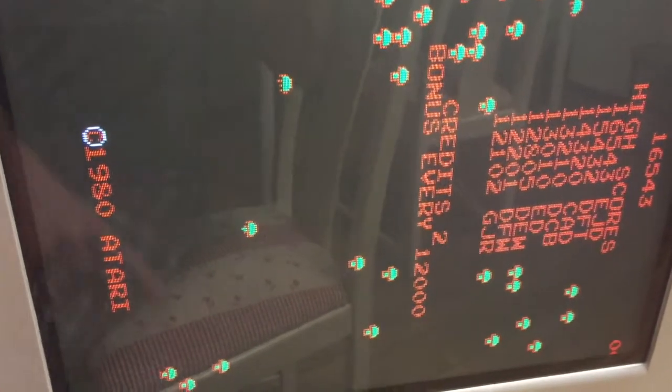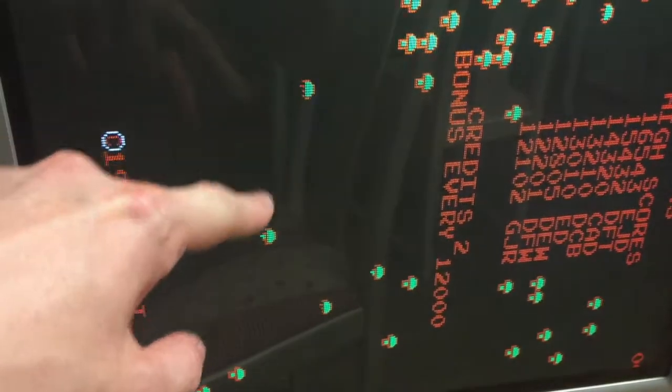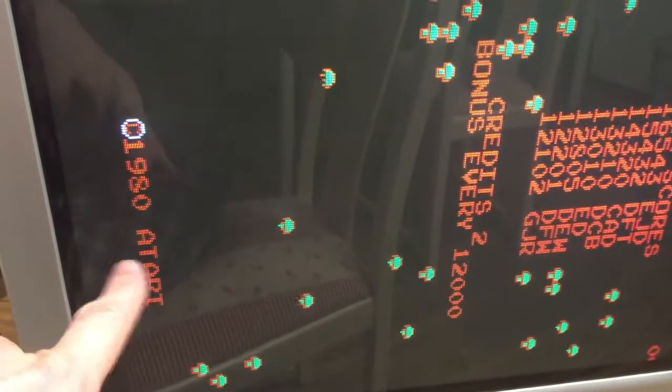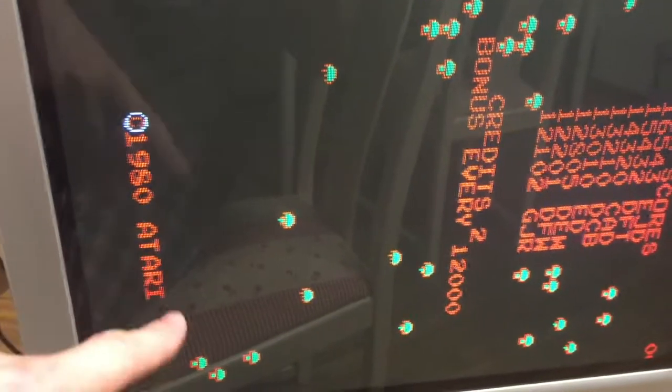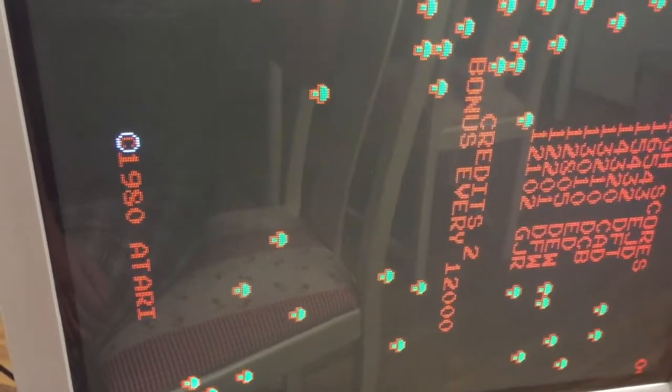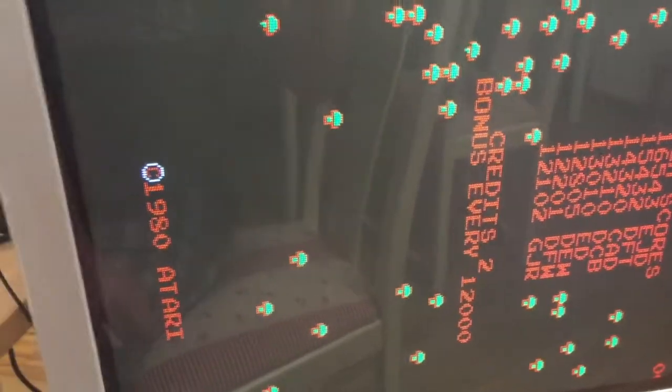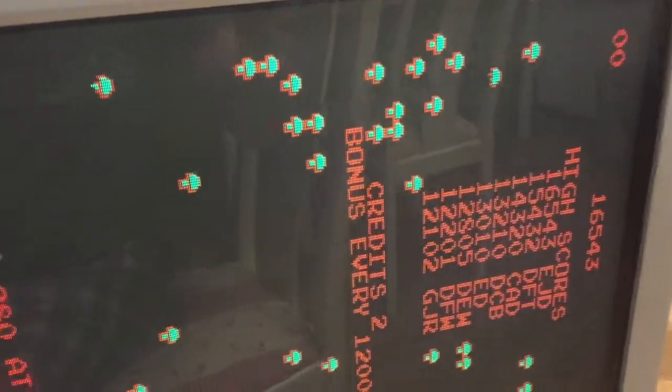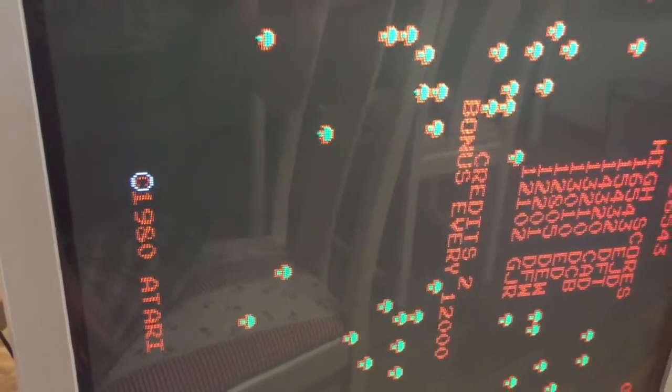You can also see, if you look closely, that the demo mode of the game is running, because the mushrooms are disappearing here and there, because the player object is firing at the mushrooms, but you don't see the player object, and you don't see the shots being fired, and also you don't see the centipede or the spider that's usually hopping around here.